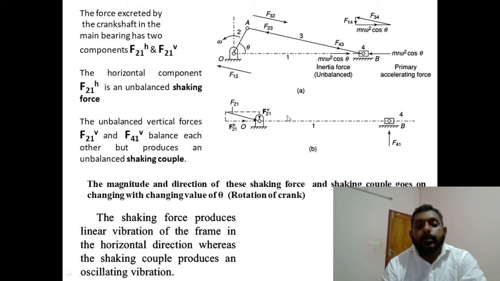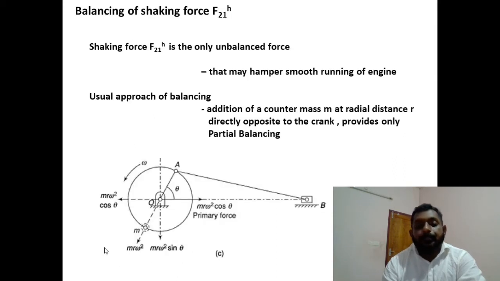Oscillating vibration is nothing but an up and down movement, which is more vigorous in this case. The magnitude and direction of these forces and the shaking couple go on changing with the value of theta because the crank is rotating.